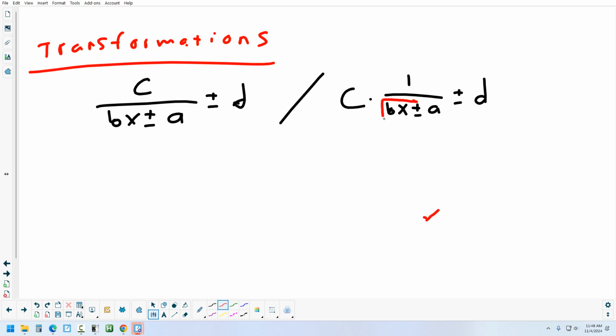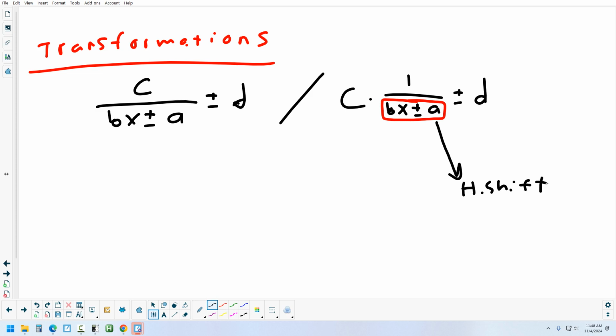When I say inside the denominator, I mean what's in that red box. Okay? Anything that is inside the denominator is your horizontals. A is a horizontal shift.